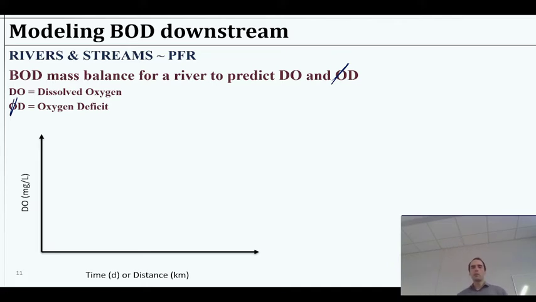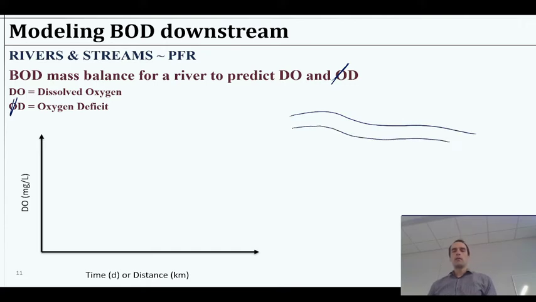So basically, when we take a look at a stream or river, it's going on some path, and if we assume that the velocity is pretty much constant throughout, then time becomes approximately the same as distance. And the system is approximately a plug flow reactor.